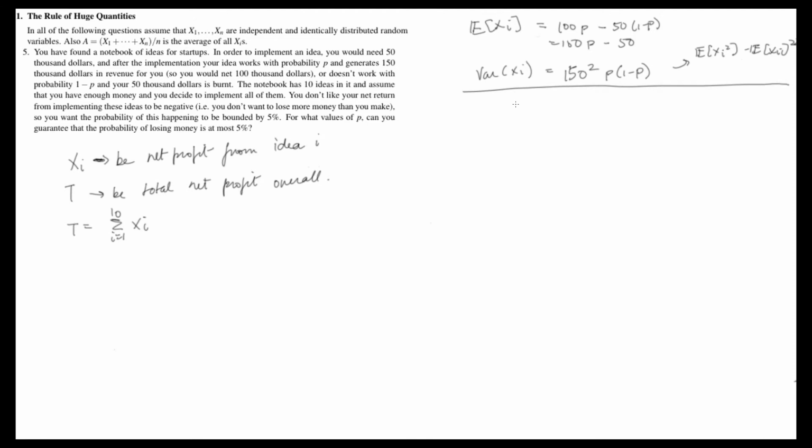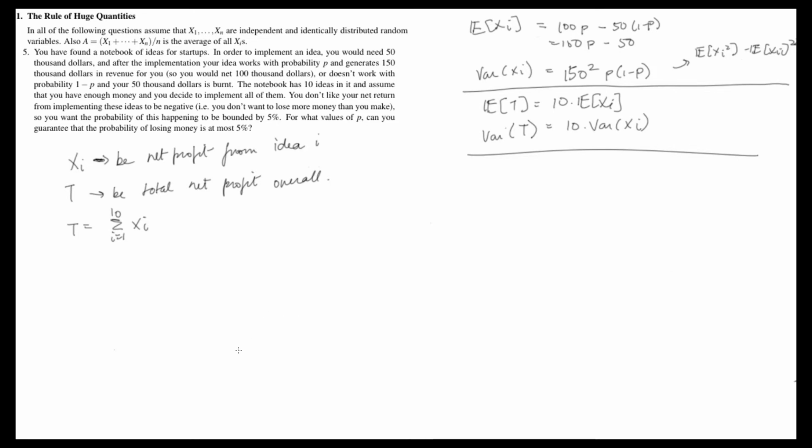Now since all the Xi's are independent of each other, we can calculate the expectation of T to just be 10 times expectation of Xi, and variance of T to be 10 times variance of Xi.